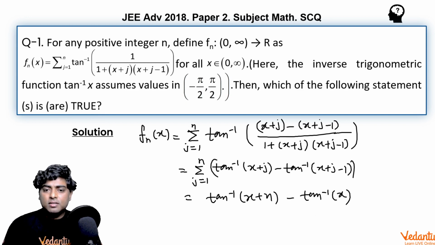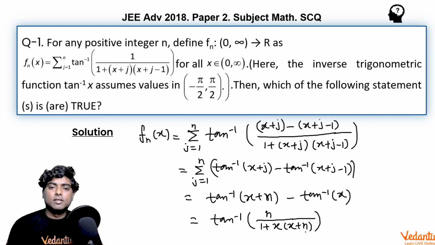So finally fn x is this. Further, we can simplify it: tan inverse a minus tan inverse b, where a and b are positive, becomes tan inverse of (x plus n minus x), that is n, upon 1 plus x into (x plus n). Right.